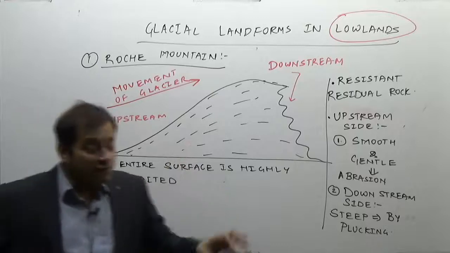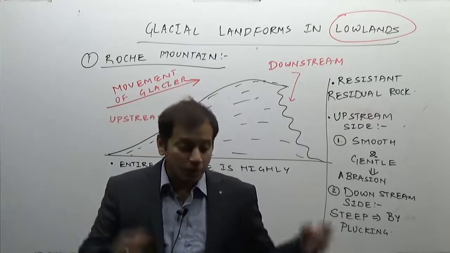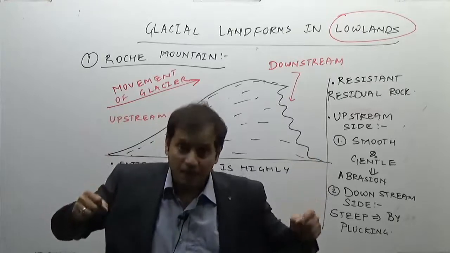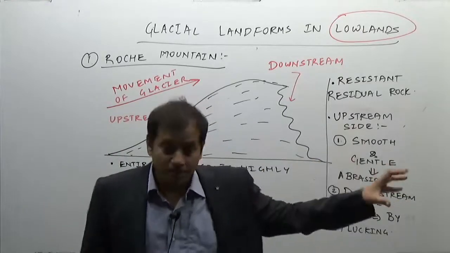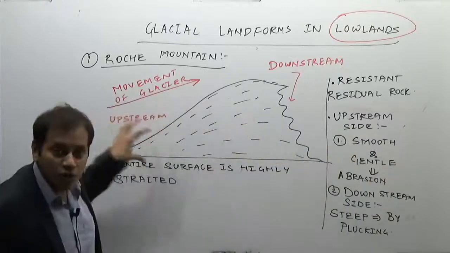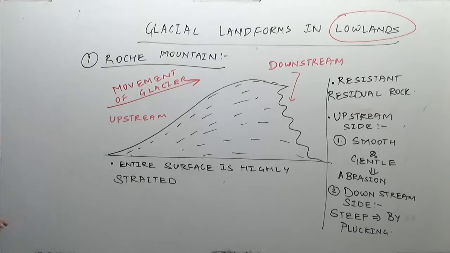So they use something made of grass to cover themselves. Similarly, in France, in older times, sheep's skin was used to cover people. Because it resembles the skin of a sheep, it is known as Roche moutonnée. So this is one kind of topography, Roche moutonnée.